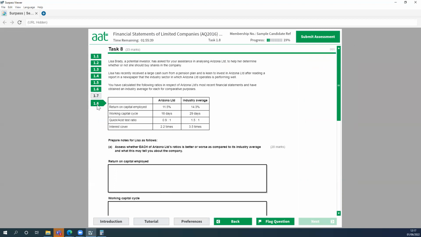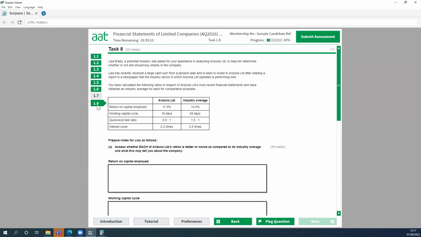So this one said that Lisa Brader is a potential investor and asked for your assistance in analysing Arizona to help her determine whether or not she should buy shares in the company. She's recently received a large cash sum from a pension plan and is keen to invest in Arizona Limited after reading a report in the newspaper that the industry sector in which they operate is performing well.